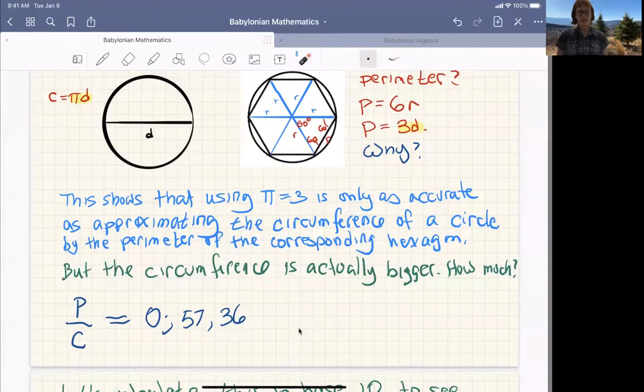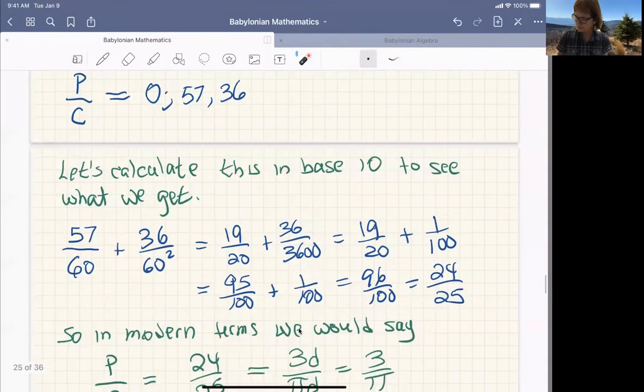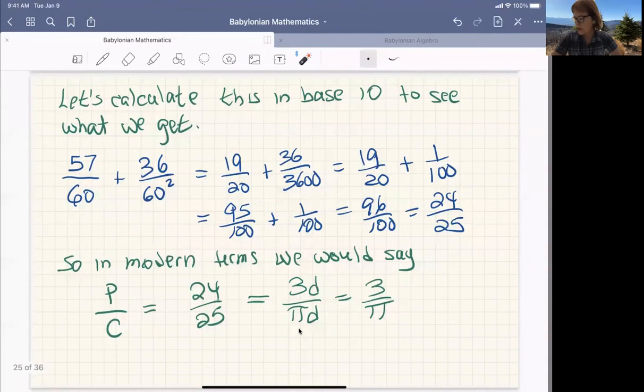So let's actually calculate this out. In other words, it's saying if you take this number divided by this number, you get the 57 36. Okay, so let's actually calculate that out. Let's calculate this in base 10 to see what we get.